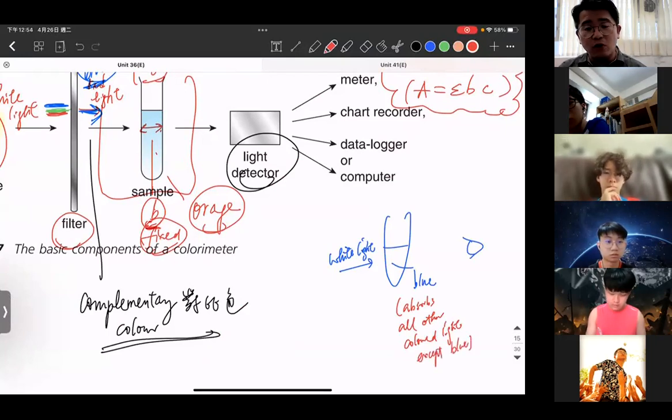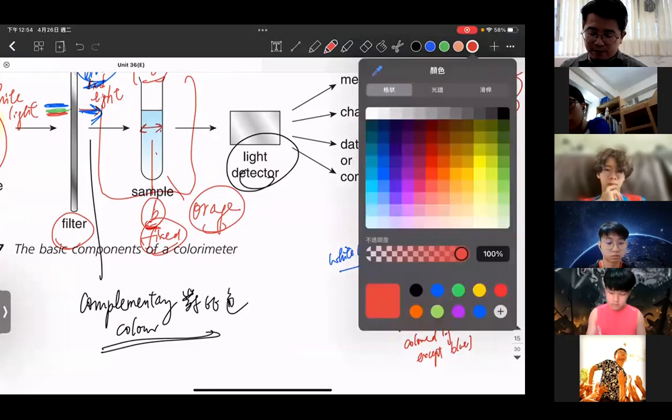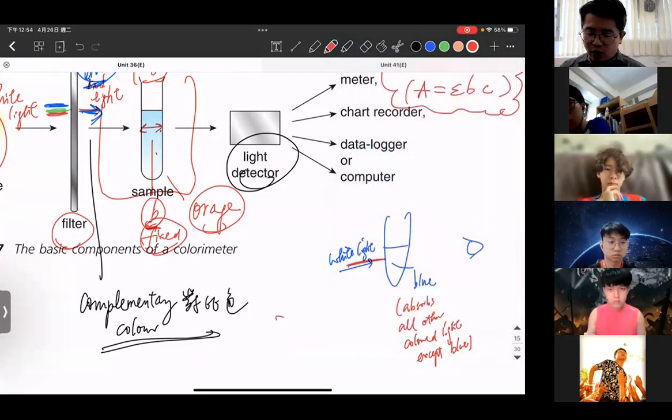Of course, the case is more complicated, right? So that's why we usually treat white light as three colors: a red one, a green one, and also a blue one. We will simplify the case by saying red light, green light, and blue light mixed together is white light, right?